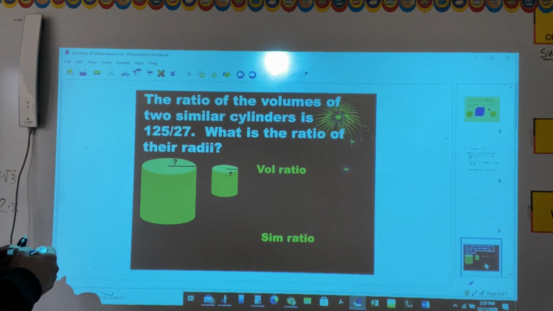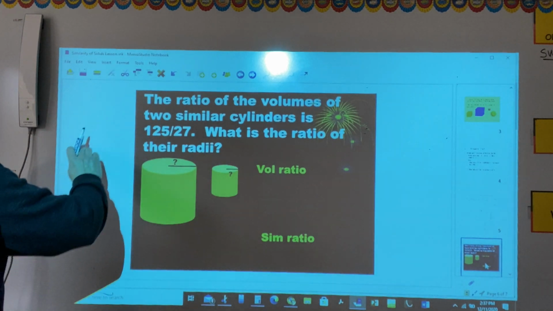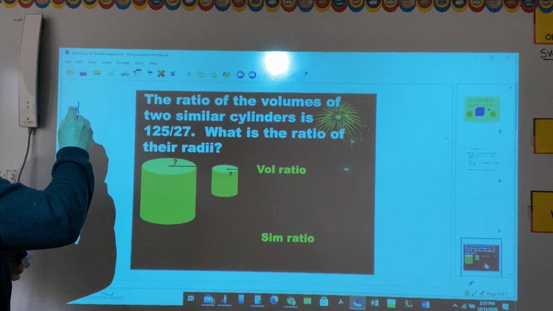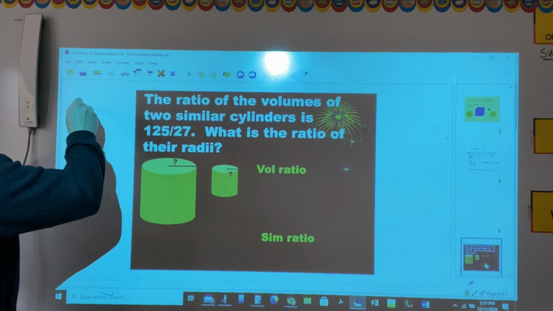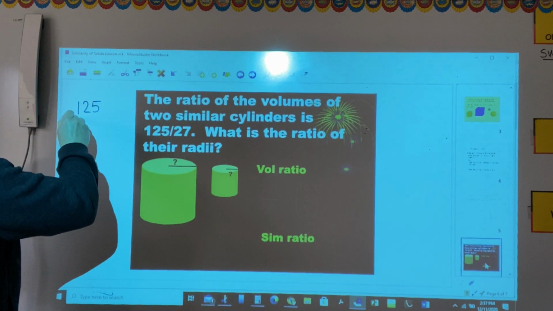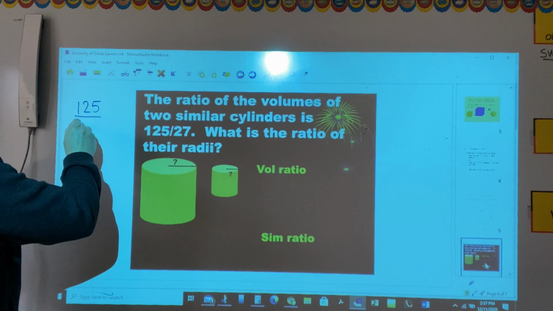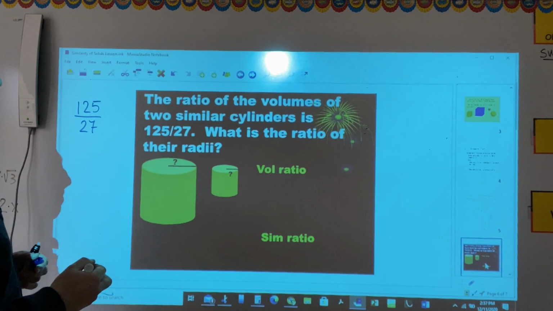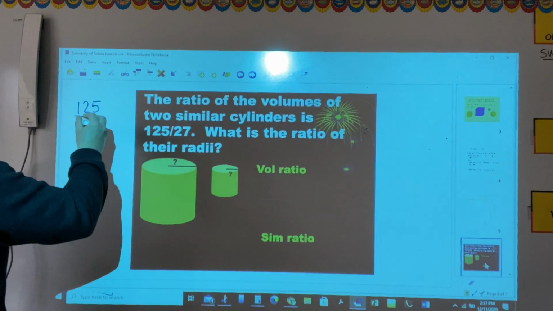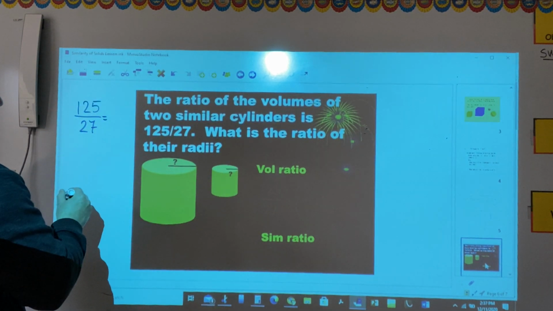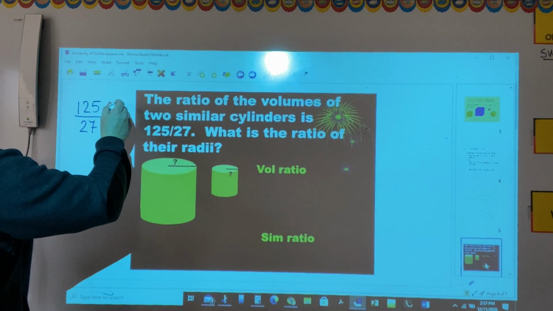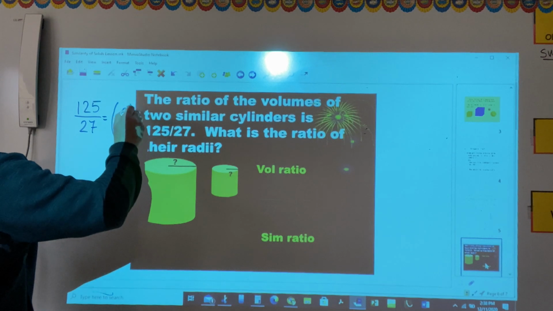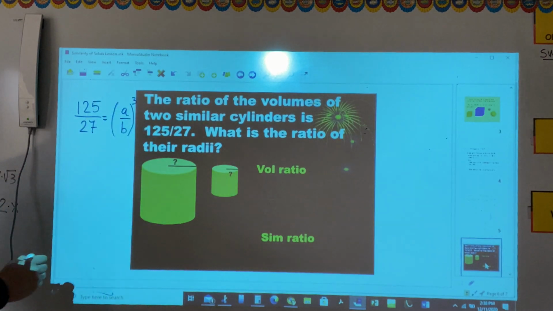So, to find the similarity ratio, first, we have to write the ratio of their volumes, which is 125 over 27, right? That's the ratio of the volumes. We know the ratio of the volumes is the cube of the similarity ratio, right?